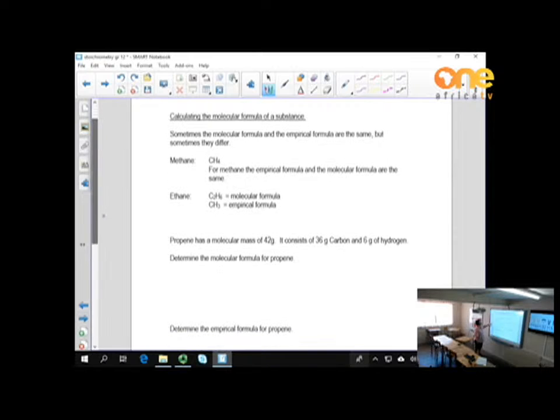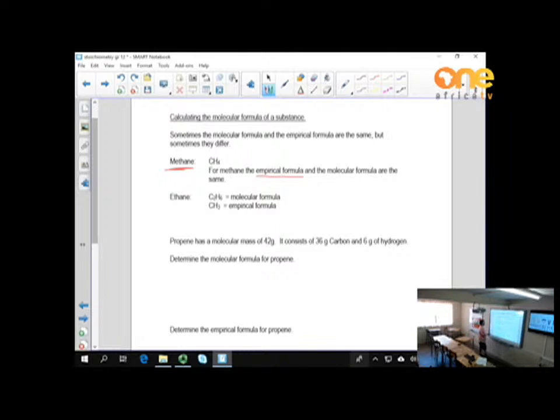Now they say calculate the molecular formula. Remember, what we've done is the empirical, the simplest formula. Now the molecular formula can be multiples of the simplest formula. So here we explain it. If I look at methane, the simplest formula for methane is 1 carbon and 4 hydrogens. And the molecular formula also happens to be CH4.